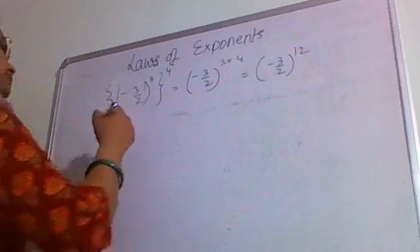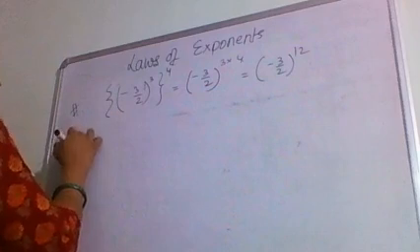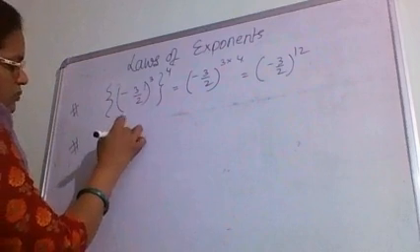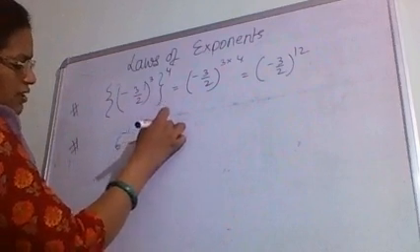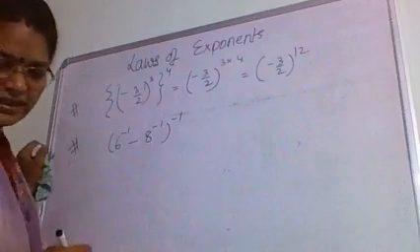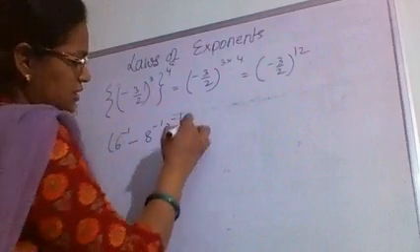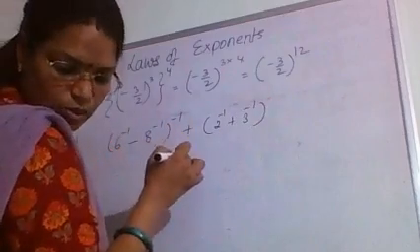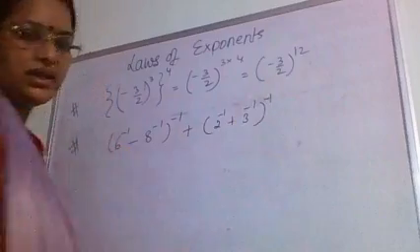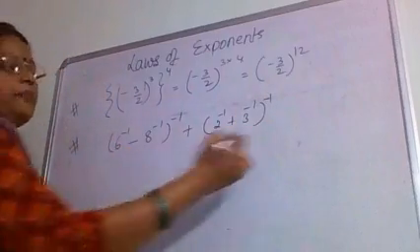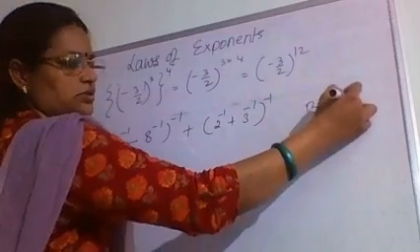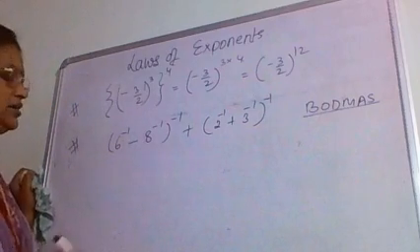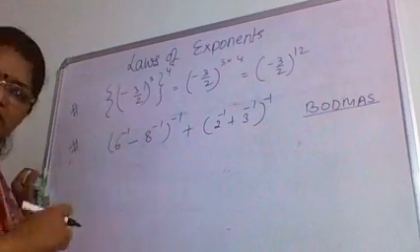Another question: 6 raised to power minus 1, minus 8 raised to power minus 1, plus 2 raised to power minus 1, plus 3 raised to power minus 1, the whole raised to power minus 1. Here we are applying the rule of BODMAS also. If a bracket is there, we solve the bracket first.